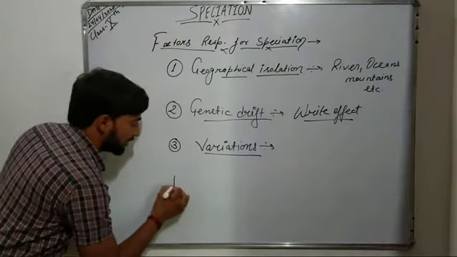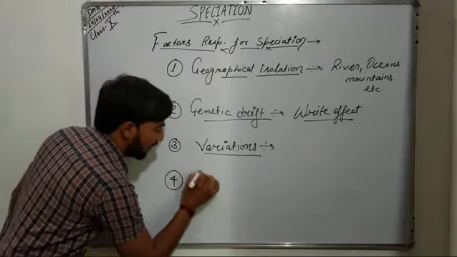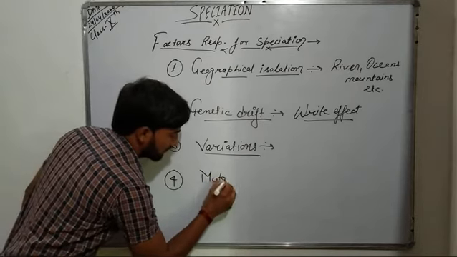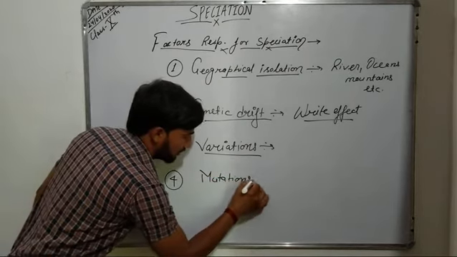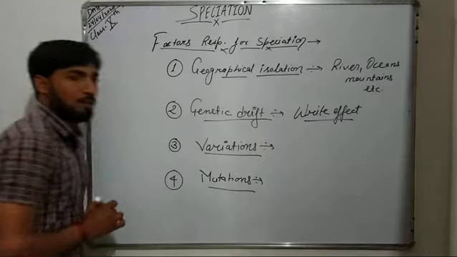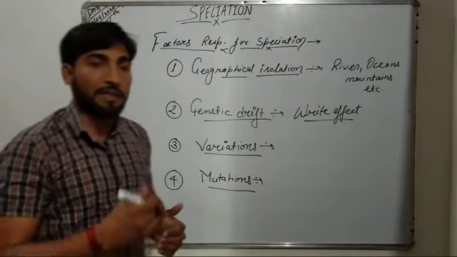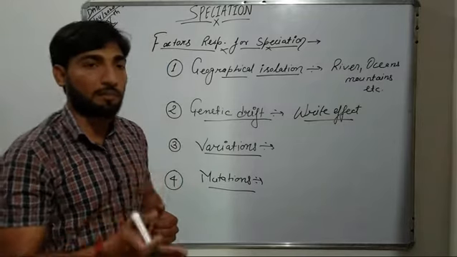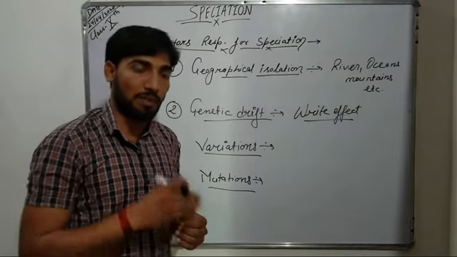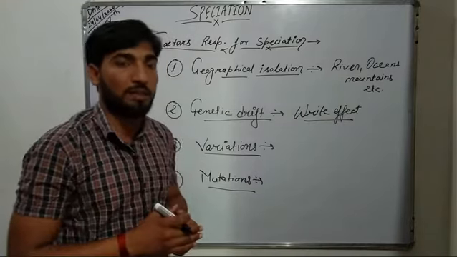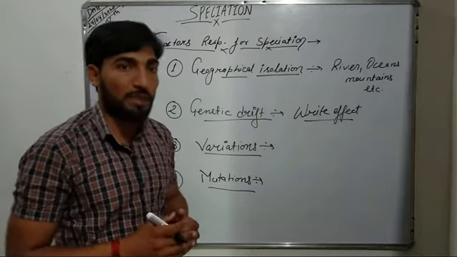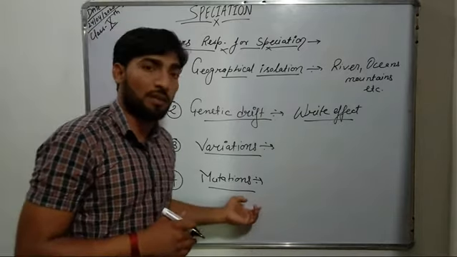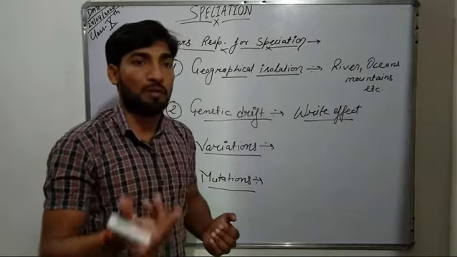And the last factor that is responsible for speciation is mutations. Now what are these mutations? These mutations are sudden and inheritable changes which occur in the genetic material of an organism. It may be in the structure of genetic material, it may be in the amount of genetic material, or they may affect the whole chromosome or a part of a gene.